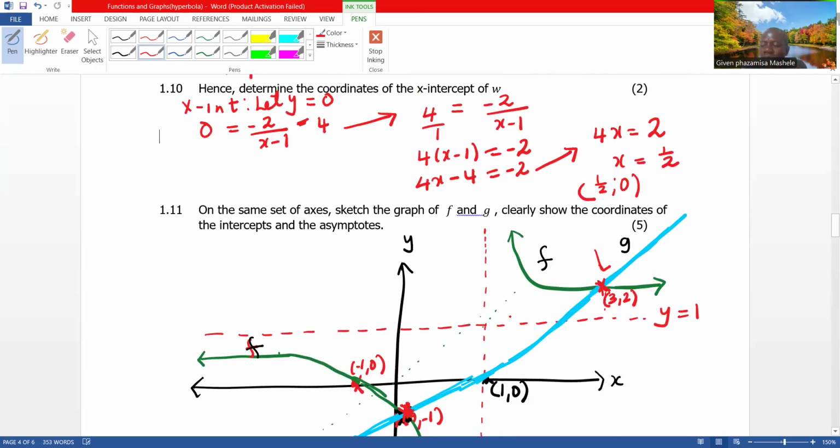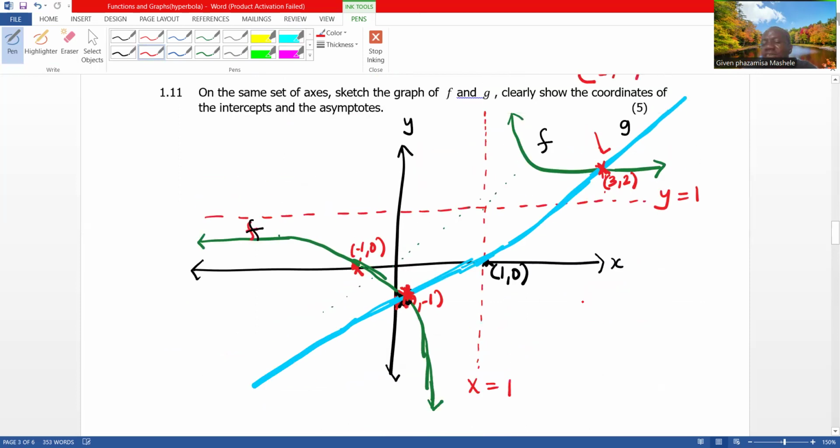It means that from our graph, we actually want to know what is the value of x where f is bigger than g. So we want the value of x where f is above or equal to g. Where f is above g.